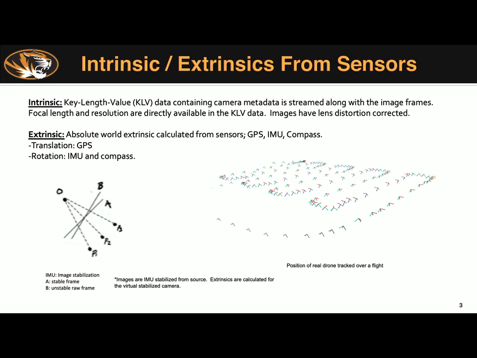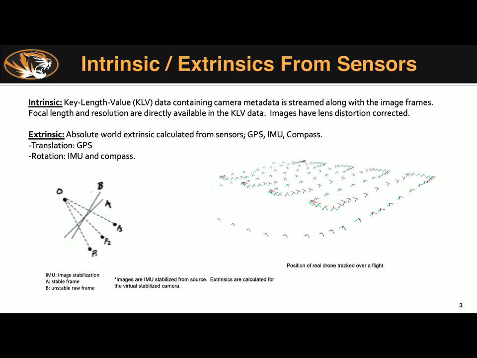In the real-world case, you can assume that we have a calibrated camera, so we have the camera intrinsics, and we're able to remove all of the lens distortions so that lines are actually lines, not warped by the lensing effects. On the right-hand side, we're showing a little visualization of some camera extrinsics, the orientation and translation, the pose of the camera as it moves through a little lawnmower collection here.